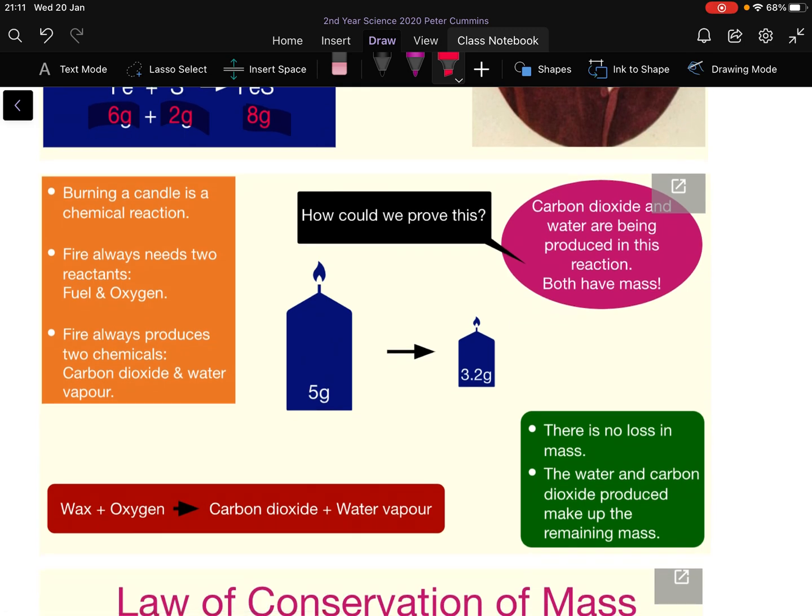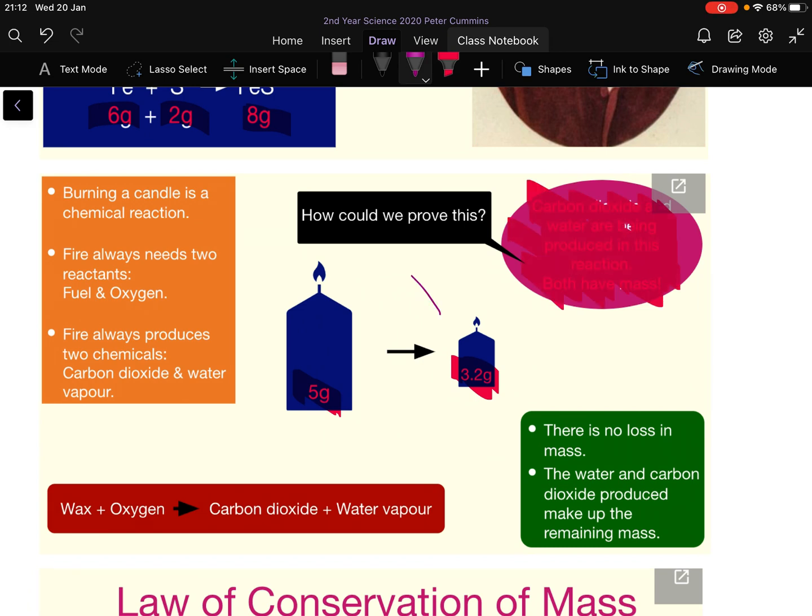Okay. Now, if you have something like a burning candle, you've 5 grams in the burning candle, and you say to me, well, I have 3.2 grams left. What's the story? Why have I not got 5 grams and 5 grams if the law of conservation of mass holds? Because a lot of the mass contained in the candle has gone off.